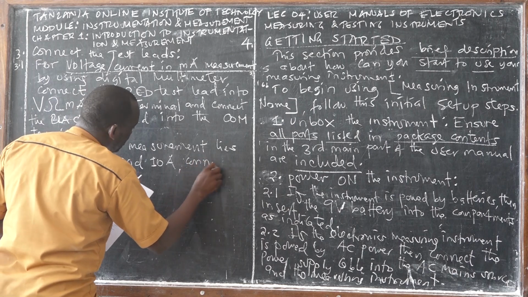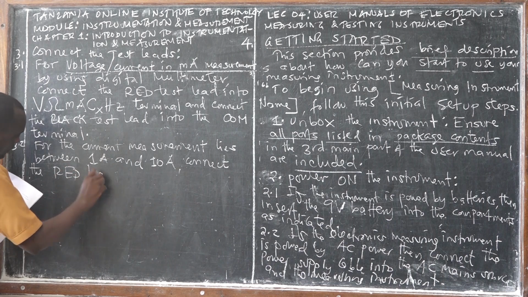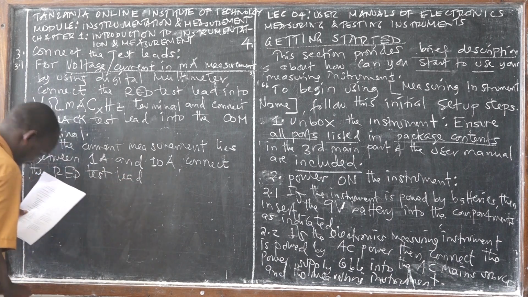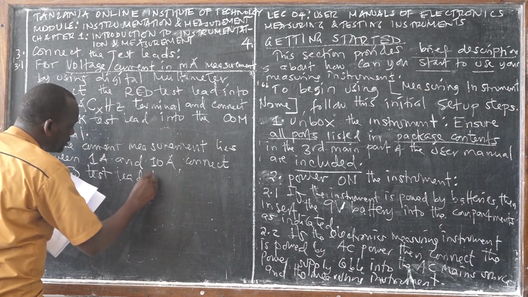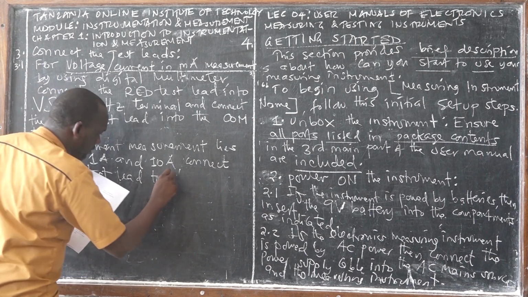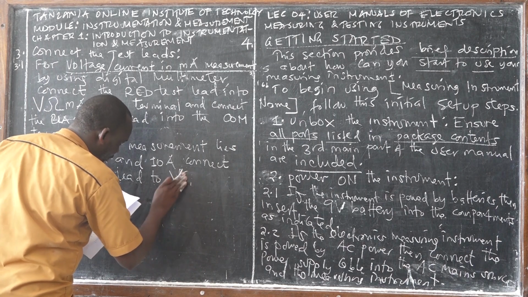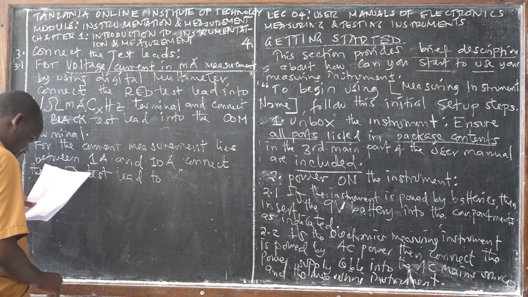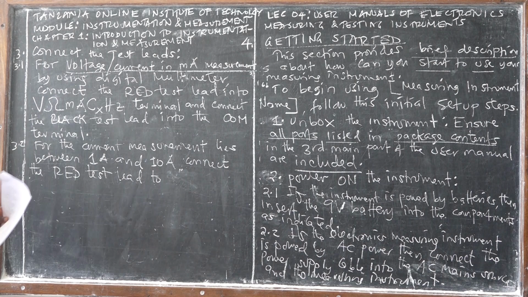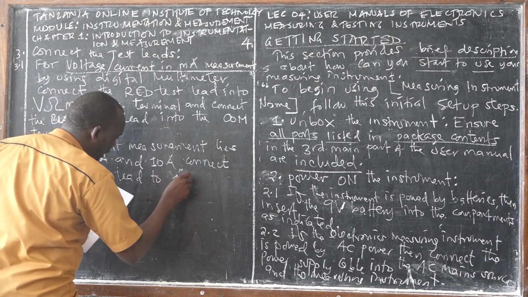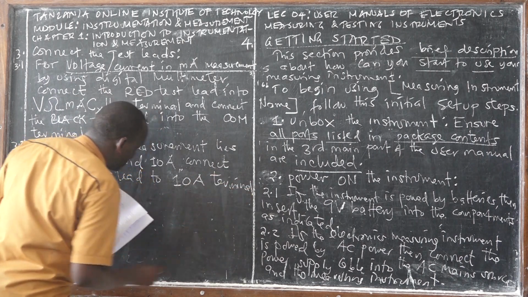Connect the red test lead, not to the voltmeter terminal. For this digital multimeter, we call it the 10 ampere terminal.